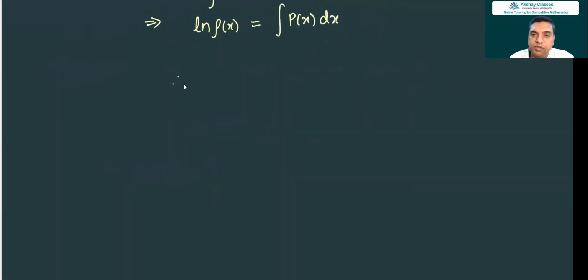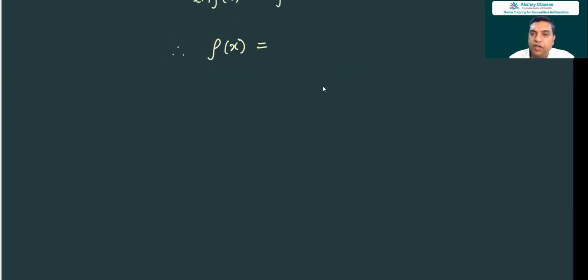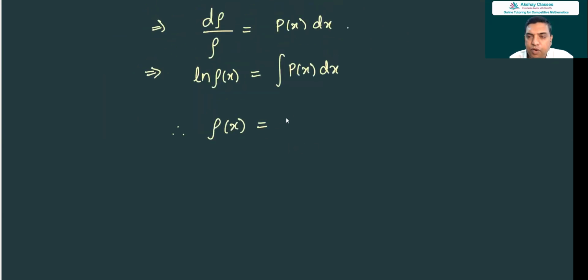Therefore, omitting the constant, because for anything it can be the same, rho of x will be e power integral p of x dx. In fact, I can write this as log c, and this will be c times e power integral p of x dx.